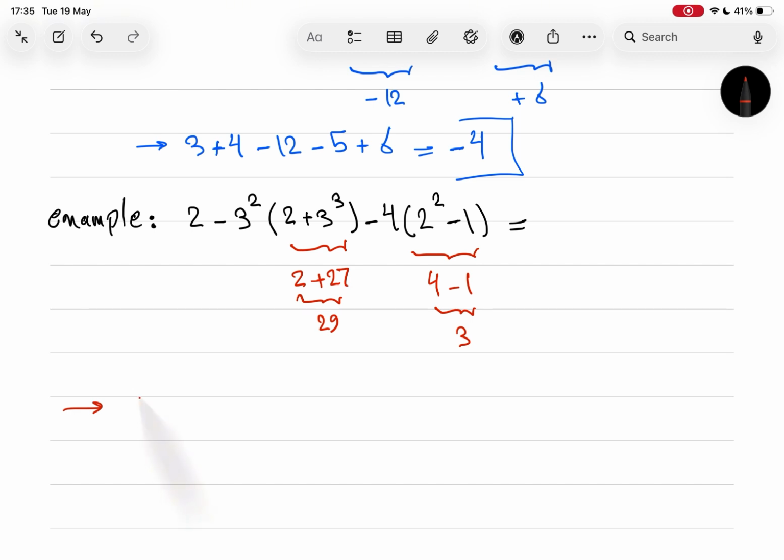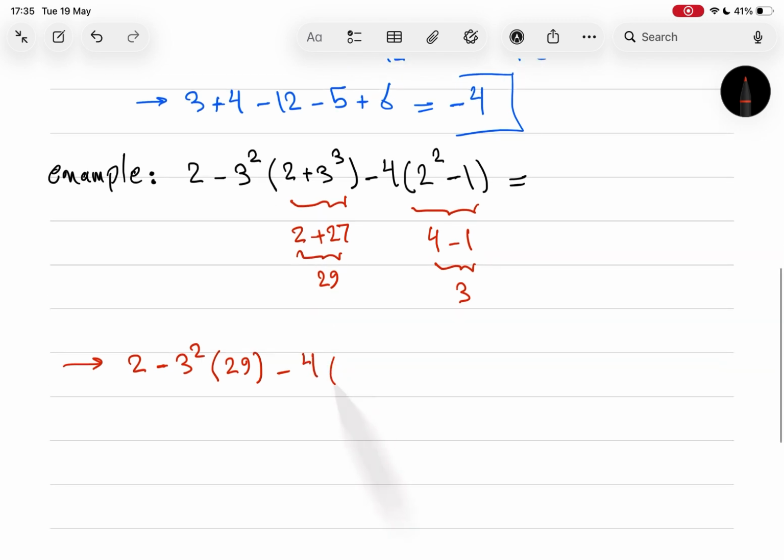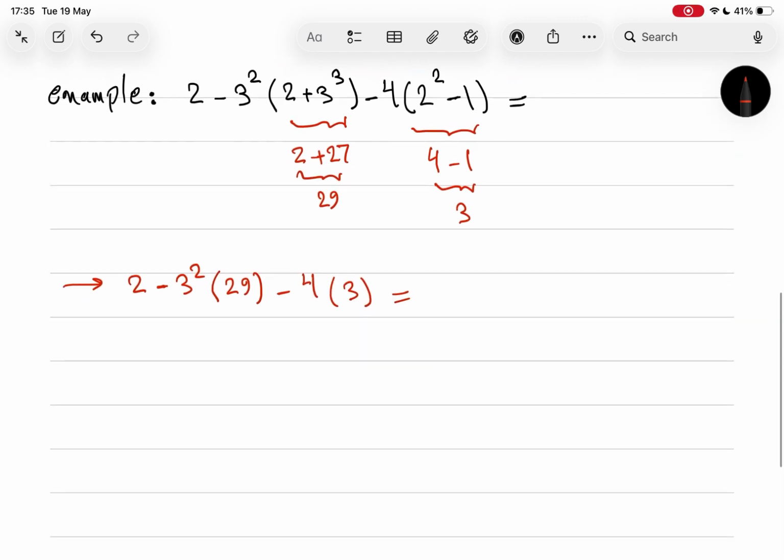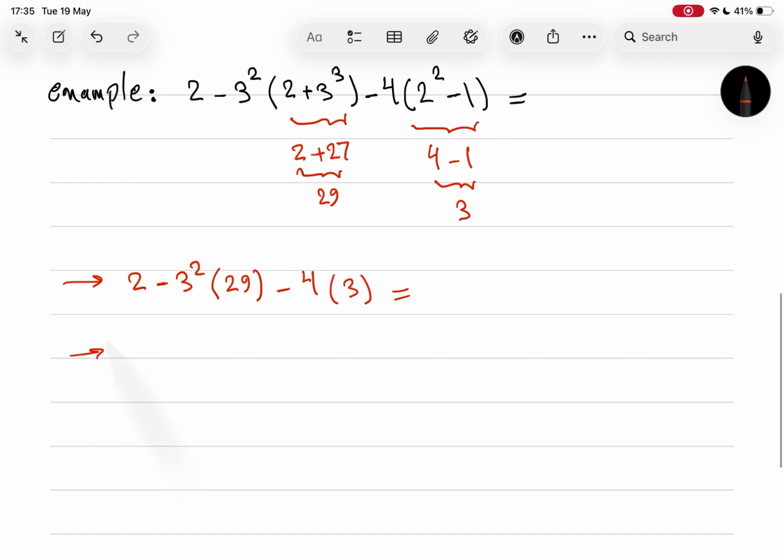So, the expression becomes 2 minus 3 squared multiplied by 29 minus 4 times 3. Now, the priority is exponents. 3 squared equals 9. So, we have 2 minus 9 times 29 minus 4 times 3.